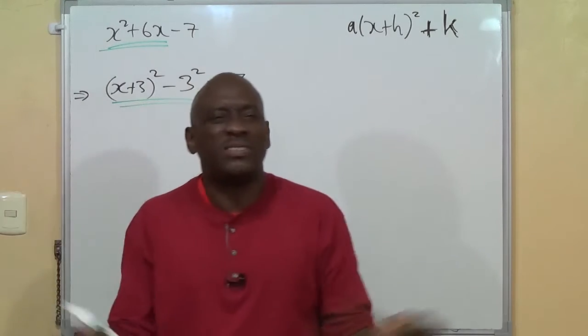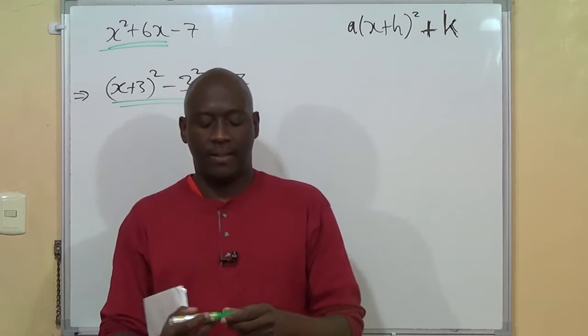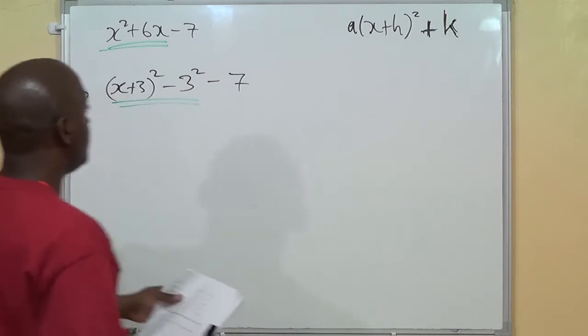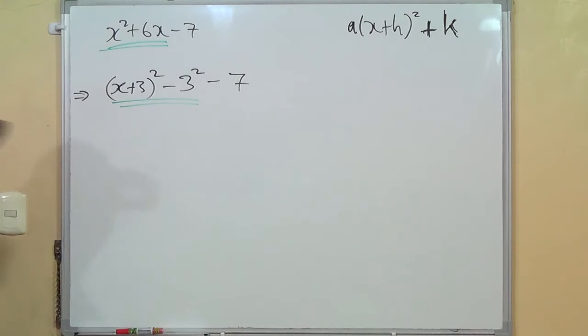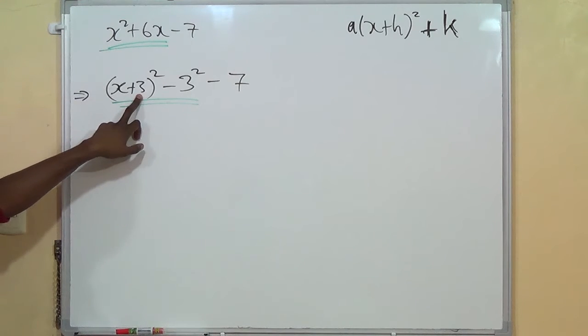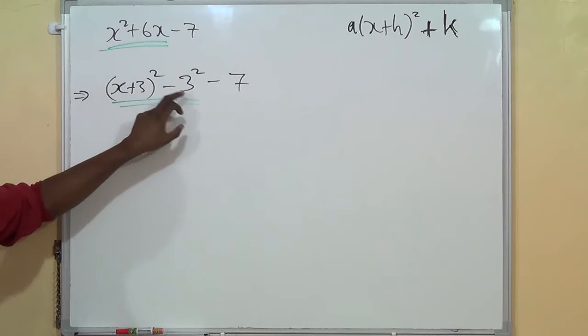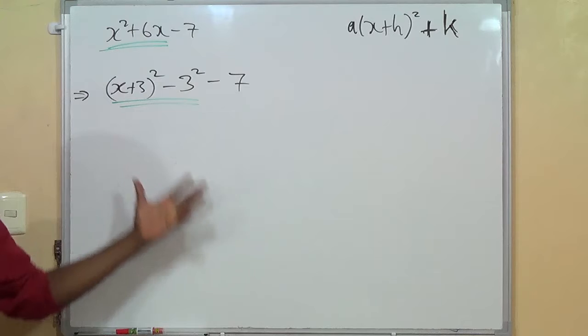Of course, we know some people are going to cram it, right? But even in the cramming, there is a system, right? Because to move from here to here, we have half the coefficient of x inside here, and then we just take that same whatever we have inside here and we square it with the minus sign here, and that's it. That is it.